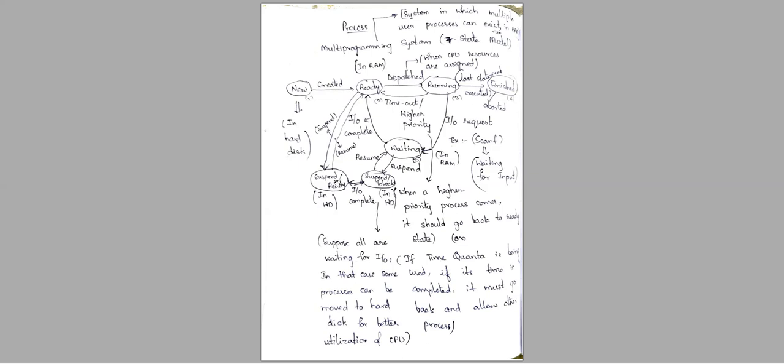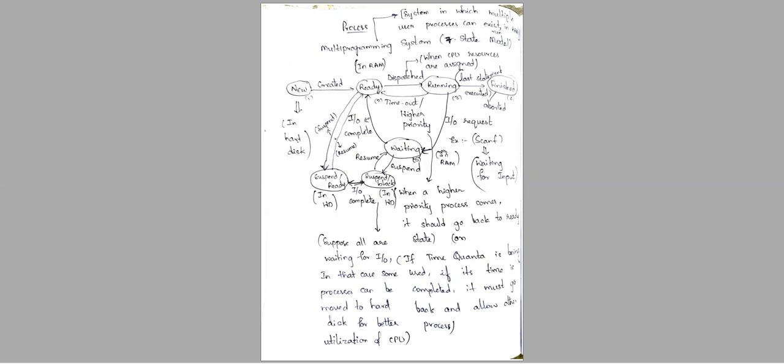Now when the process is in suspend ready state, if it is allowed to resume, then it goes back into ready state. Here initially when the process is loaded into RAM, it may get suspended also. So if the process in ready state is suspended, then it goes to suspend ready state. So this is all about states of the process.